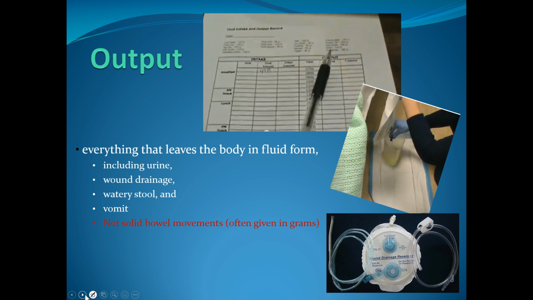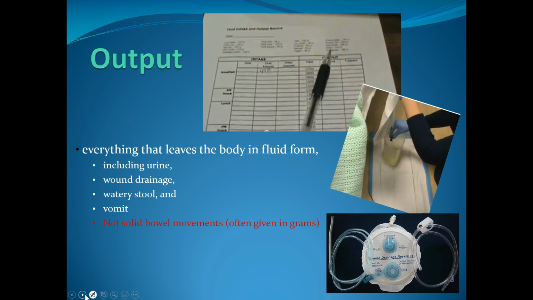Now, one thing that you do have to be aware of is that solid bowel movements are not going to be counted. And when we're reading a paragraph for a word problem, those might be mentioned in grams. So grams is a measurement of weight, not a measurement for liquid, and so we cannot include it as liquid.